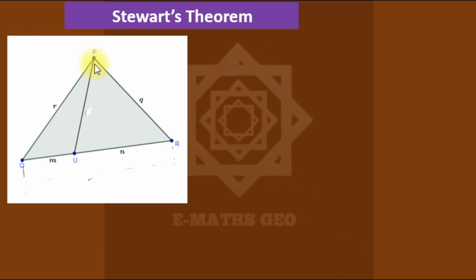Add an auxiliary line, that's the height of the two triangles, since they have the same vertex P. So I have this.